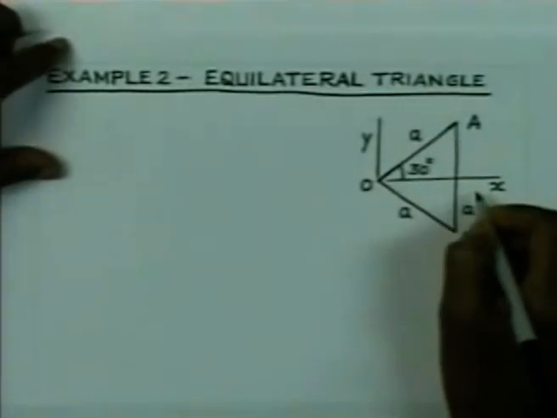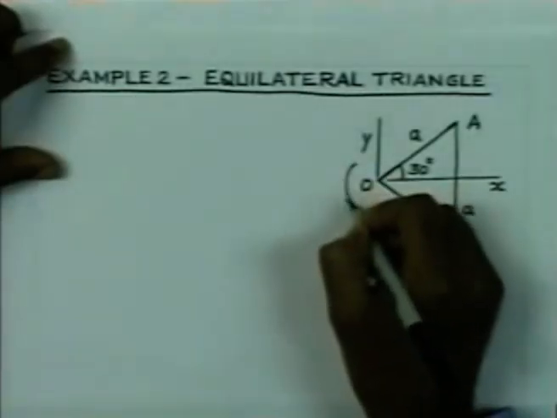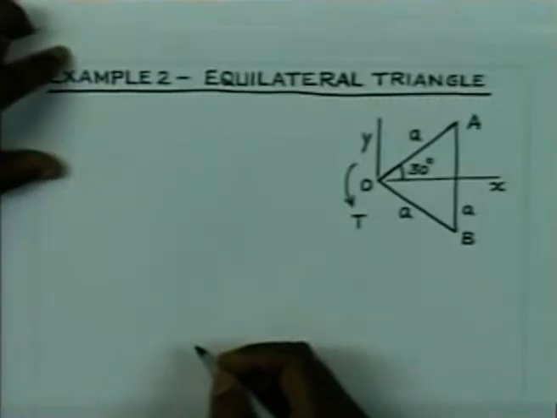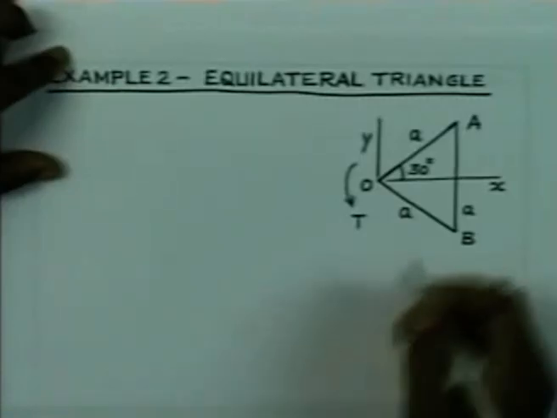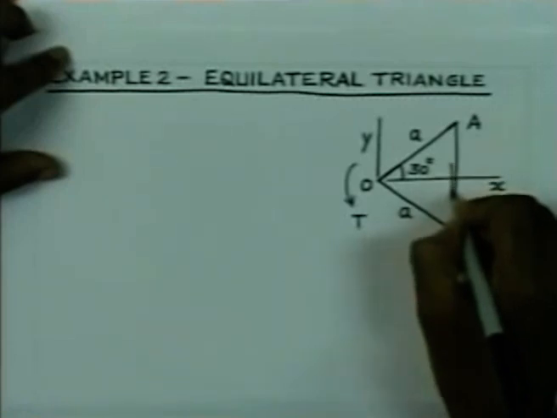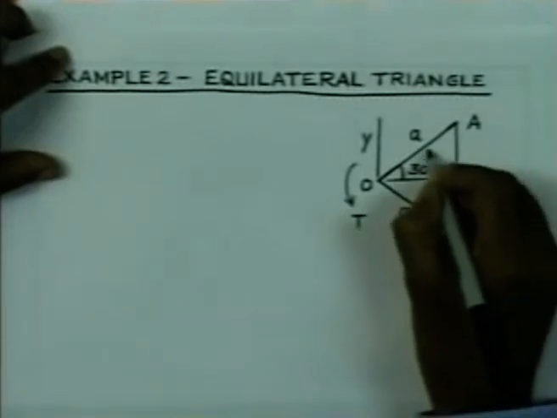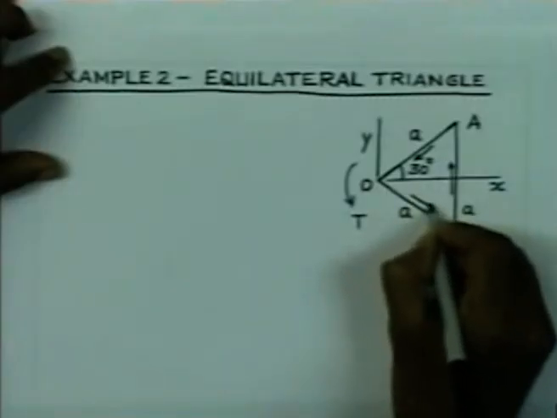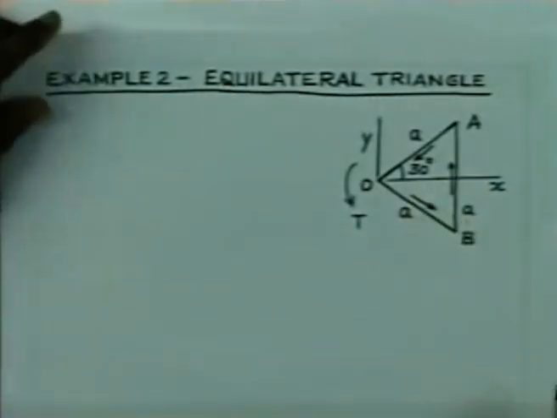The torque is acting in the anti-clockwise direction like this. Let us find out where is the maximum stress. In this case, we expect as usual the stresses to be acting parallel to the boundary. So, we can show the direction of the stresses to be there like that.